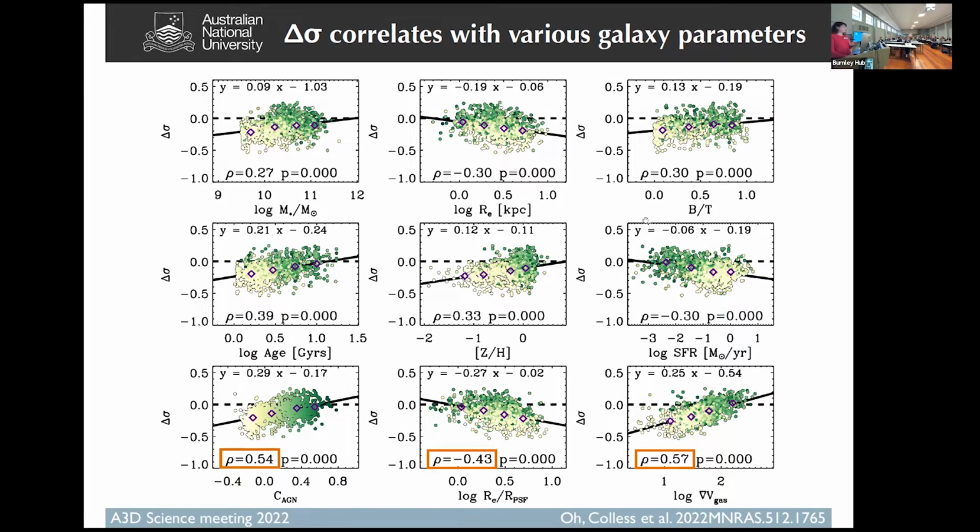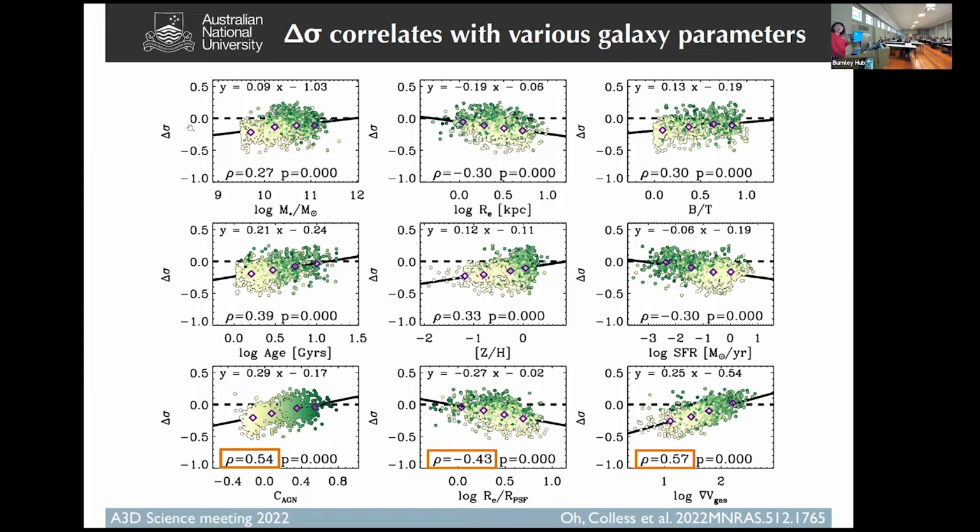First, I would like to show the correlation between delta sigma and these various galaxy parameters. As you can see, delta sigma has a correlation with all these 9 parameters. And the difference is just a matter of magnitude. Here, I have an assumption that there might be a primary parameter that is physically connected to delta sigma.